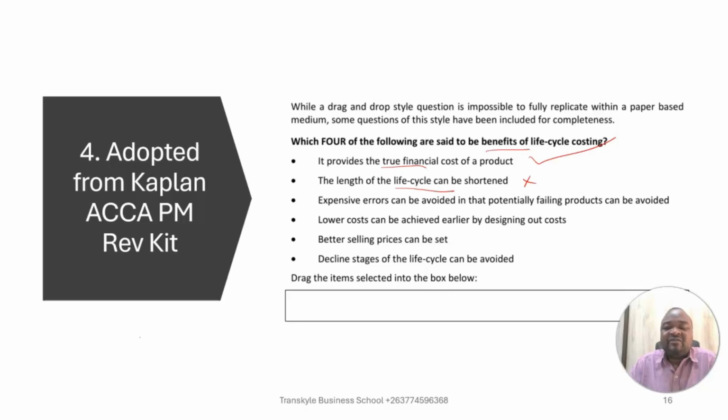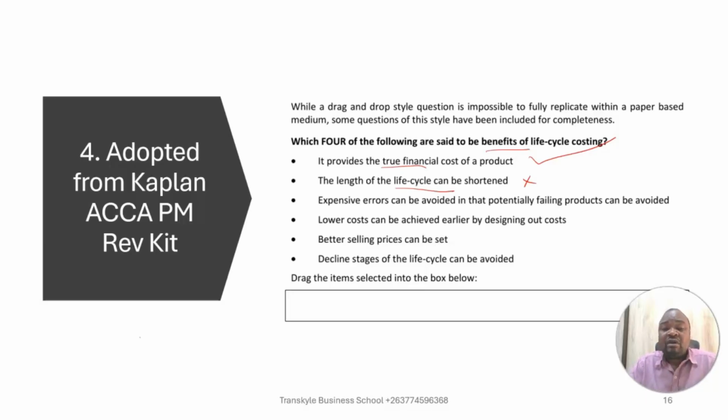Expensive errors can be avoided, in that potentially failing products can be avoided. Yes, we can, because of life cycle costing, we can design out certain things, we can improve designs and so forth. If there is no other way to adjust the design, then we can still avoid the whole thing.